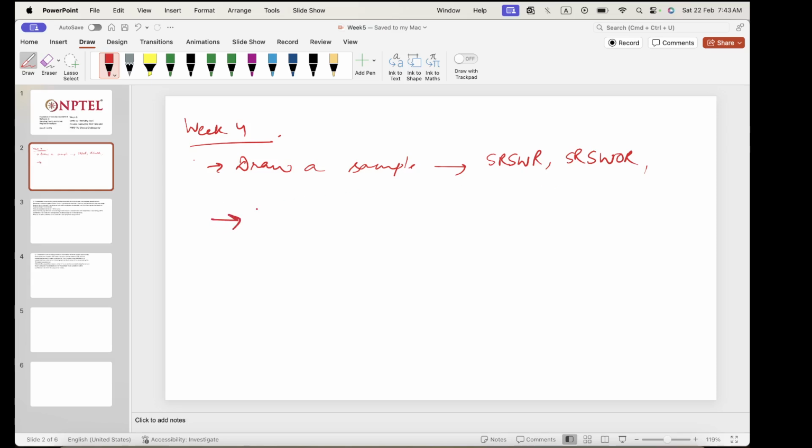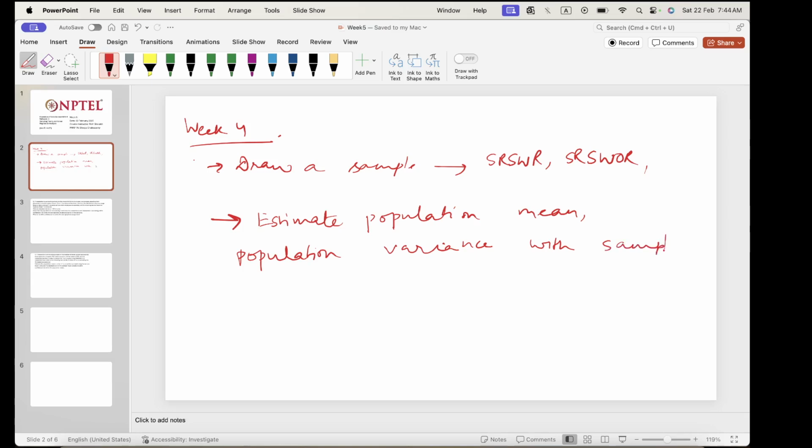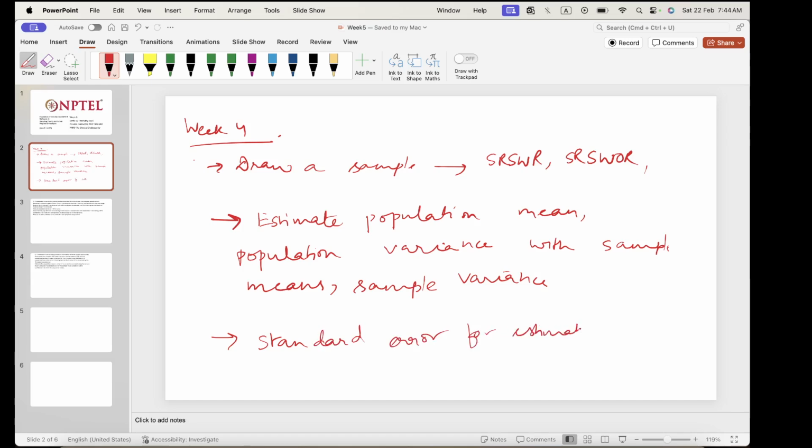We also learned how to estimate population mean and population variance with sample mean and sample variance, and we learned a term called standard error for estimation of mean.